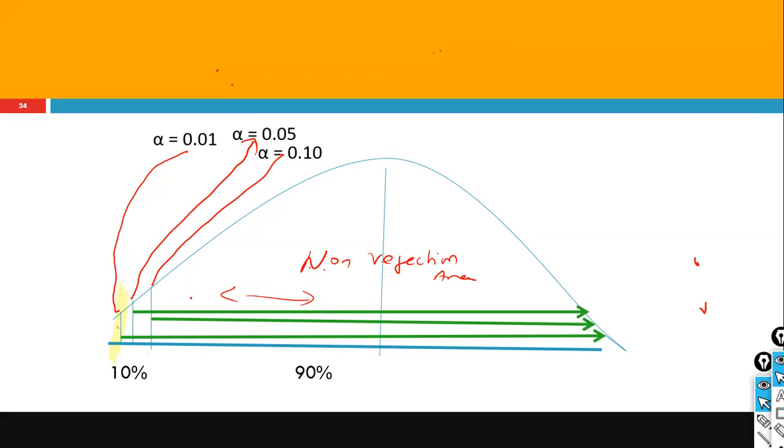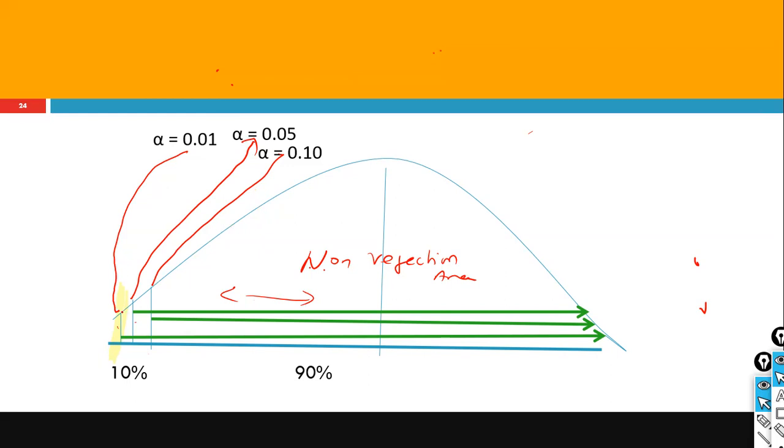You understood? So when you keep reducing the alpha value, the non-rejection region area size is getting bigger, bigger, bigger. In that case, what will happen is sometimes even a false null hypothesis can also fall in the non-rejection region area. So there could be chances.